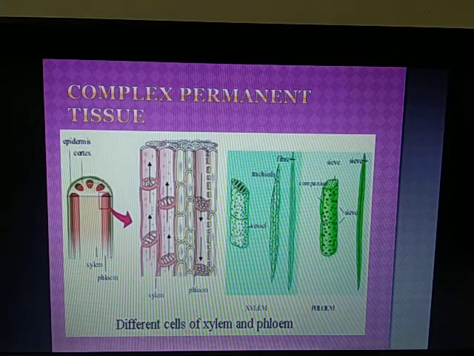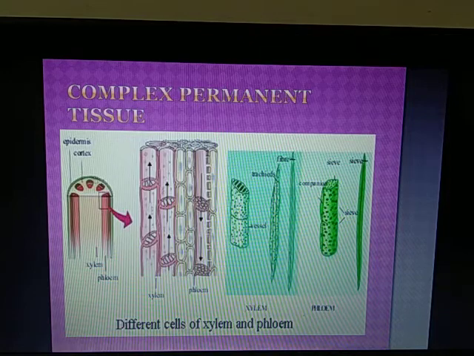Parenchyma is the only living part present in the xylem tissue, and the rest three are dead in nature. In phloem, only the phloem fiber is dead, and the rest three are living tissues.